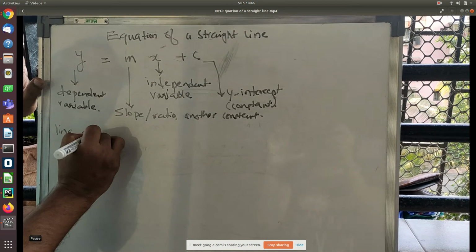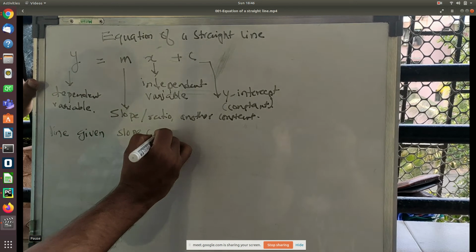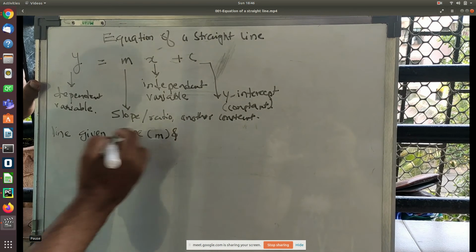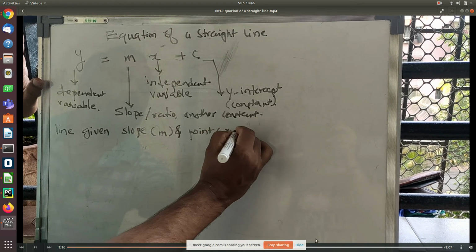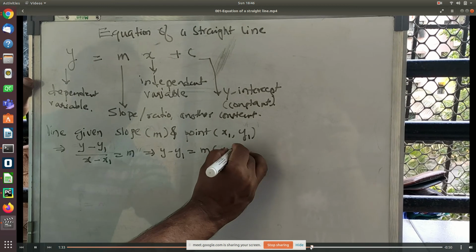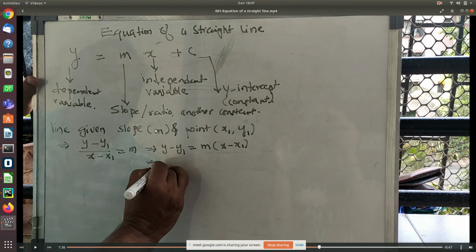It's a bit boring, but please have 2 minutes patience. And this is important. This is what we discussed, the line of a given slope. So if I have slope m and point x1, y1, the equation of the line is y minus y1 divided by x minus x1 is equal to m.